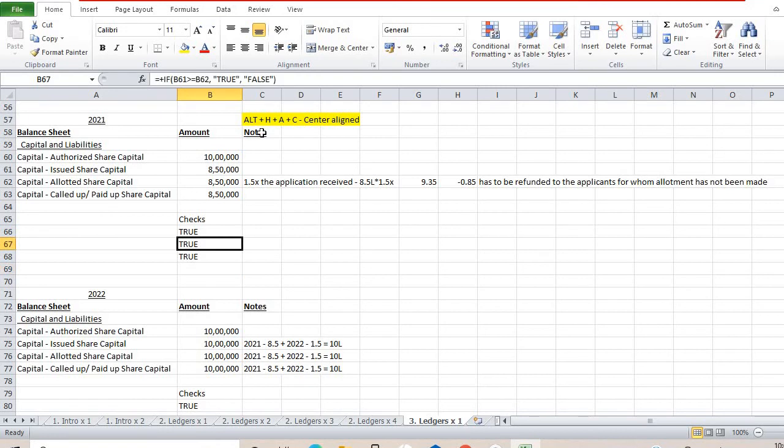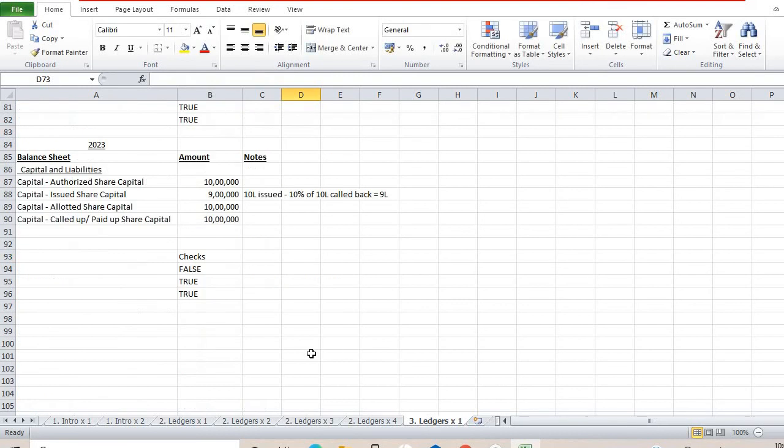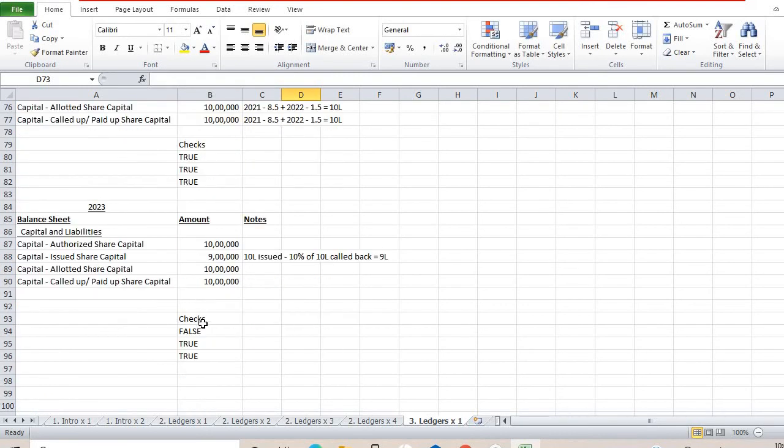This check was comparing the first few cells, correct? But look at this check. This check is comparing the first few cells too, which is correct. But look at this one. This one is comparing the second few cells, which means the last check has gone out.